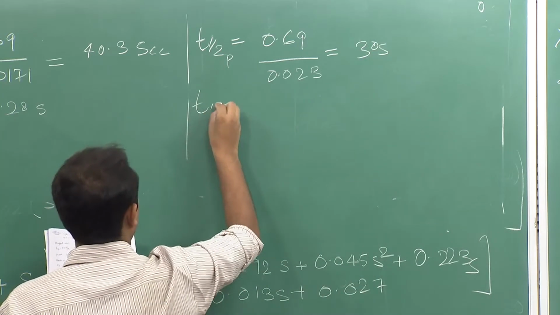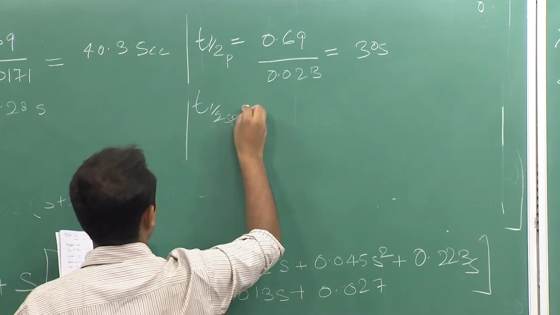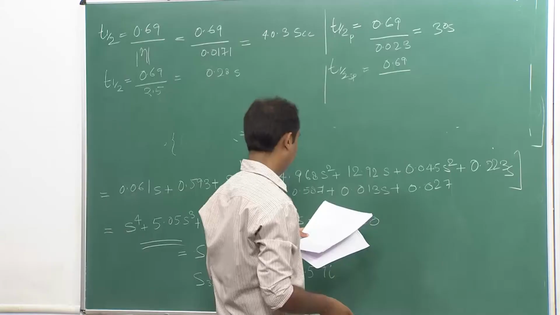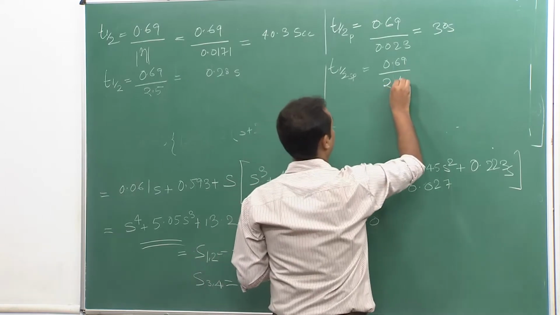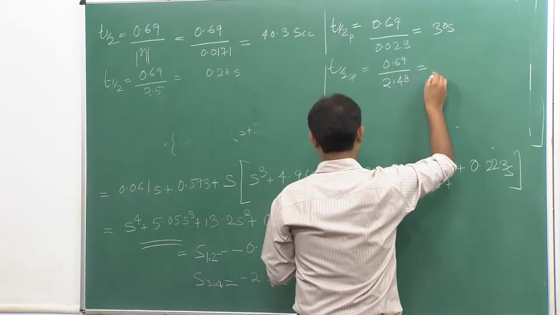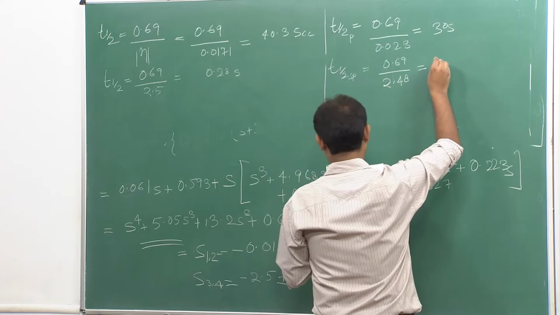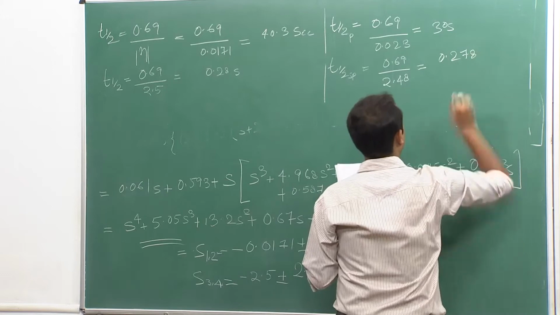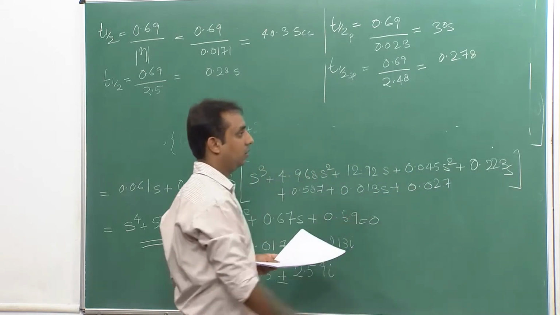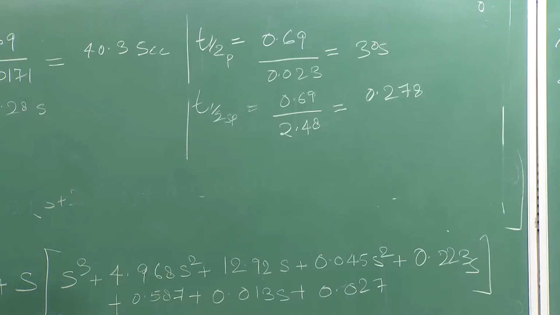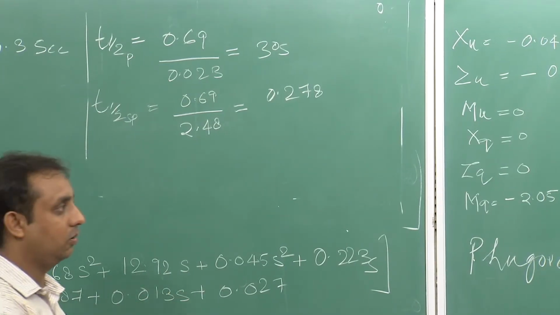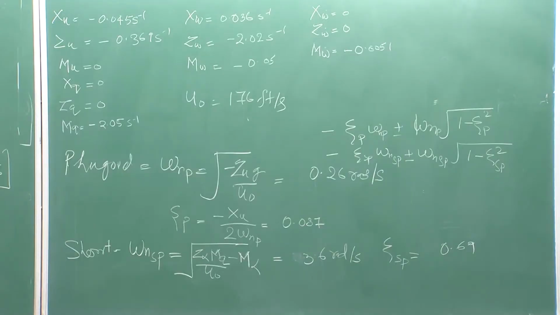Similarly, t half for short period will be 0.69 divided by 2.48 equals to 0.278. You can check that by calculating the value of short period and phugoid mode approximation. Just substituting the value of zeta and omega n, you will get the value of roots for phugoid and short period mode.